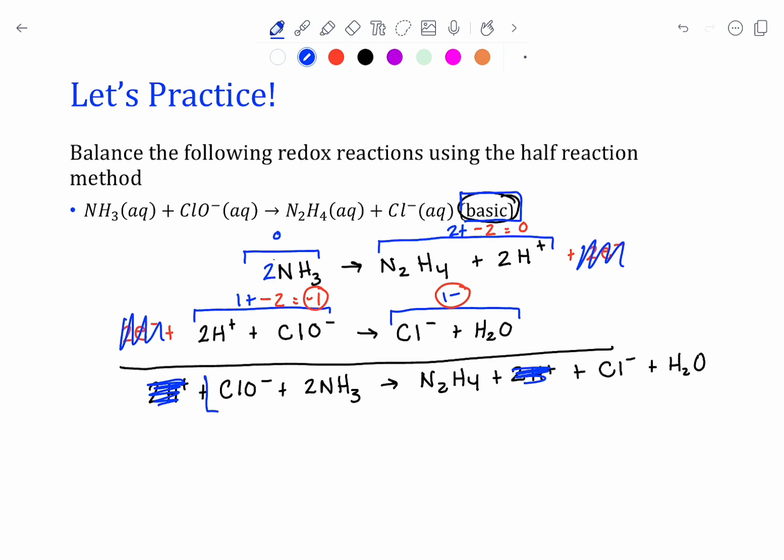Therefore, this is our final balanced chemical reaction for this redox reaction in basic solution. If we were to do it in acidic solution, it would look exactly the same. Okay, so as I said before, there are some cases where there won't be any hydrogens left in order for the OHs to add to, or the OHs will end up canceling out. Okay, it'll look exactly the same whether it was acidic or basic.